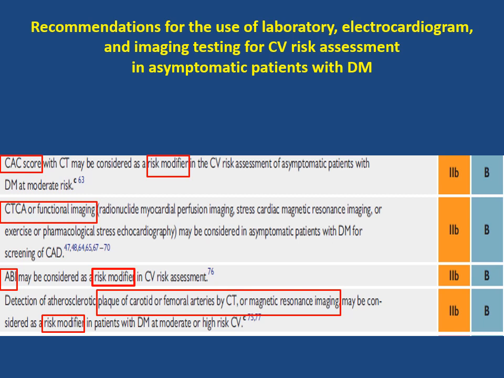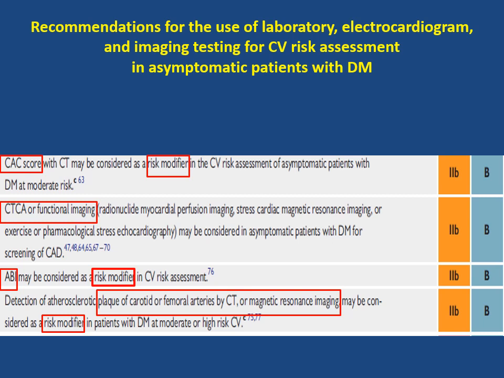With the presence of any risk modifier in patients with moderate risk, we can re-stratify them into high risk. So it helps in risk stratification of patients with diabetes who are initially stratified as moderate risk category, then after presence of the risk modifier, they can be shifted to the high risk category.